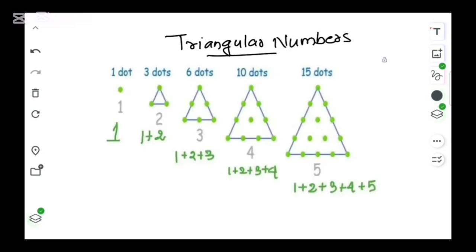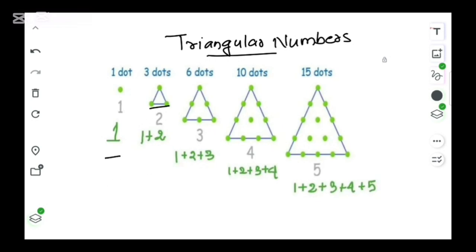Triangular numbers. Look at this picture. In the very first picture only one dot is there. In the second picture a row with 2 dots is added to the first picture.